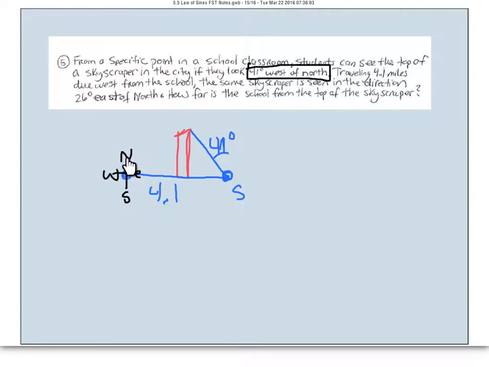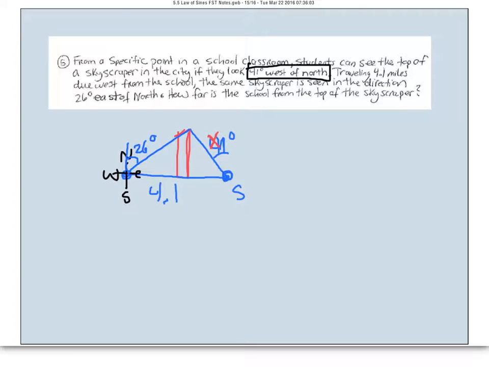So here's north, and they're going to go 26 degrees east of that. So this right here is the 26 degrees that gets created. And that is all they tell us for this problem. The question is, how far is the school from the top of the skyscraper? So it looks like what they want to know is this side length right here.